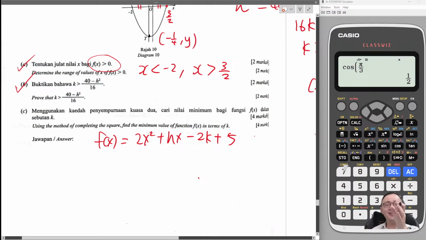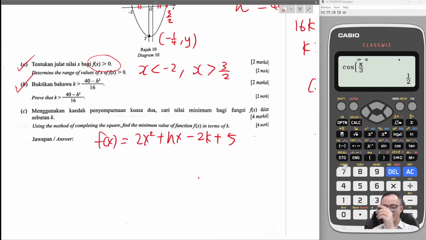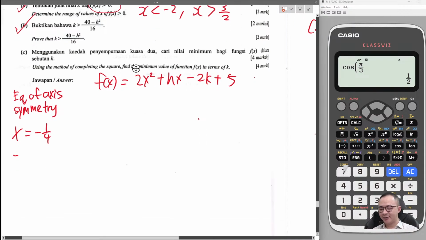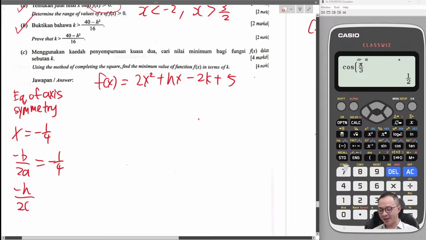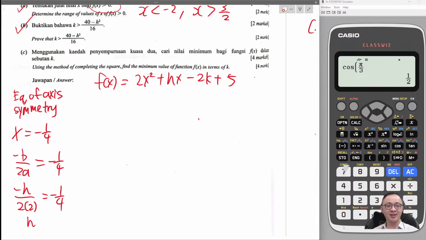We know the equation of the axis of symmetry is x equals -1/4. How to get the equation of the axis of symmetry? Negative b divided by 2a, isn't it? Equals to this one. So my b is h, my a is 2. Then I can easily know my h is actually 1.